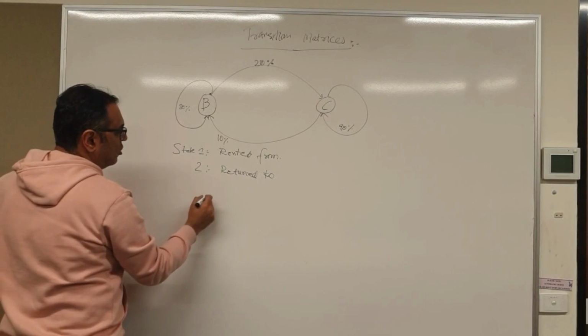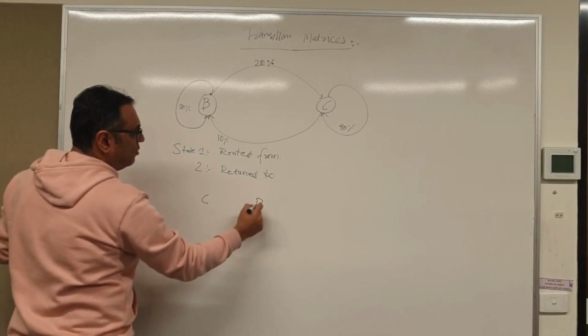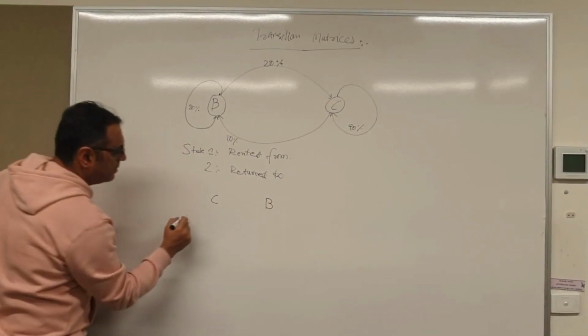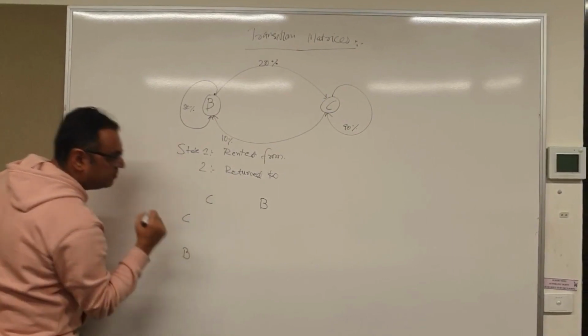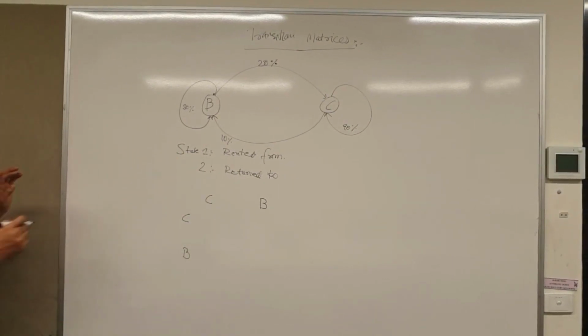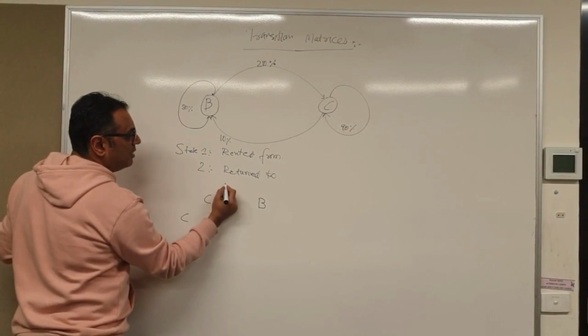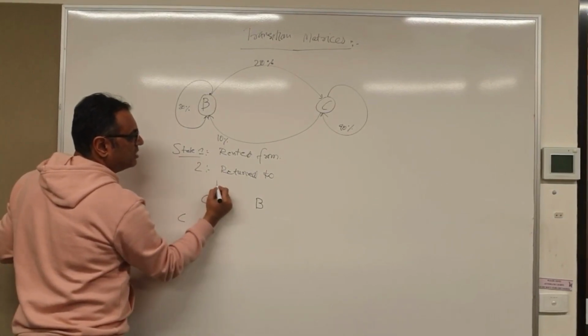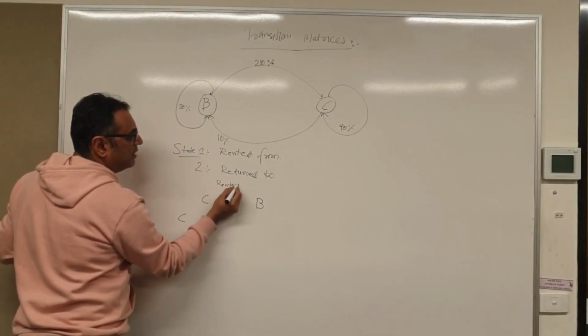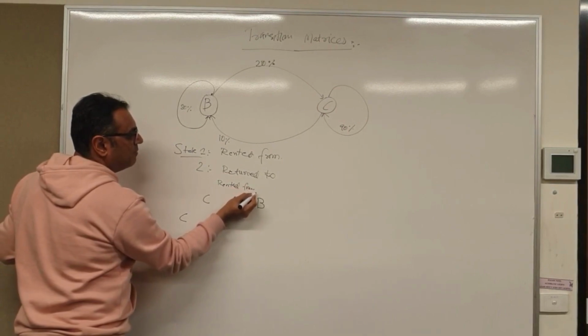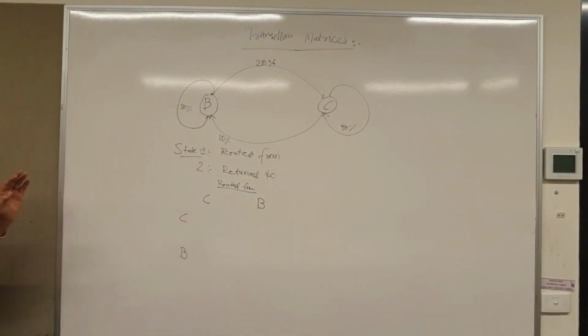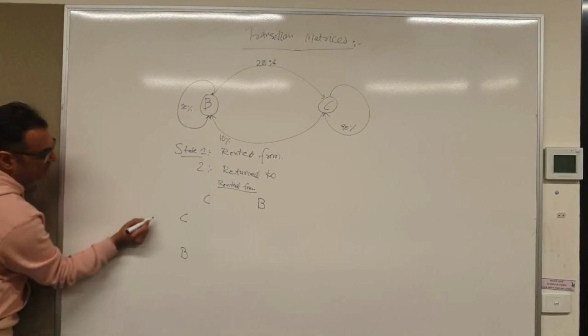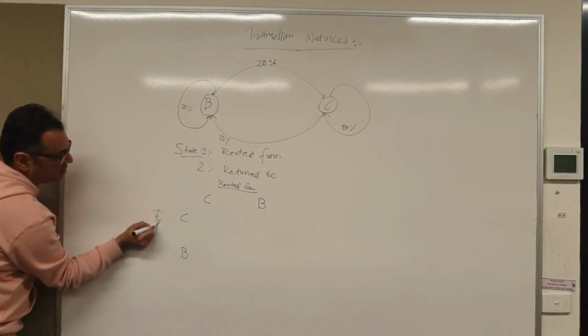So I say Colac, Bendigo, Colac, Bendigo. This is my state 1, which is rented from. And this is where it is returned to.